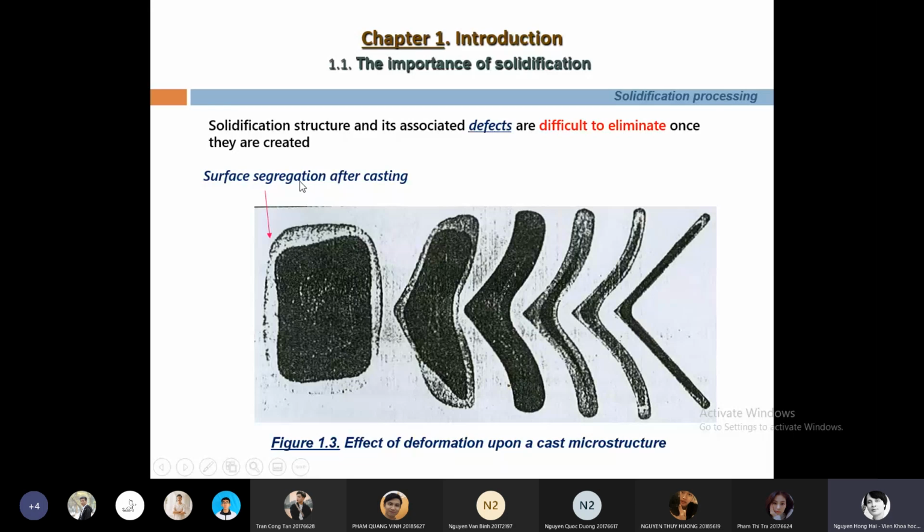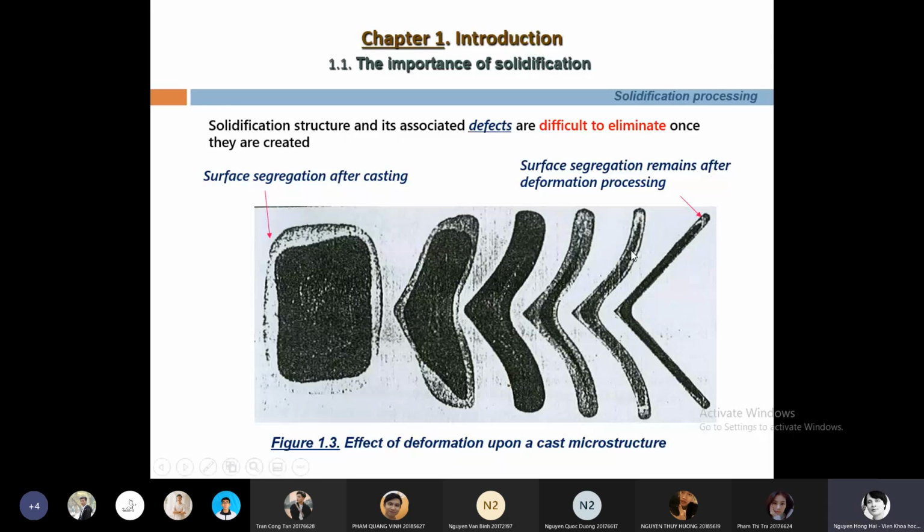But after a lot of steps of the fabrication, we have this as a product, but the defect remains.